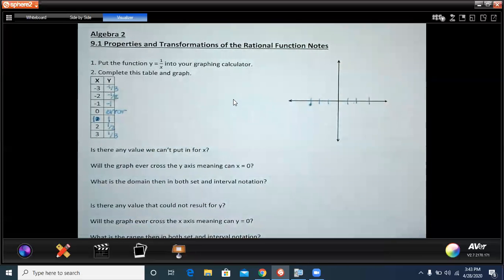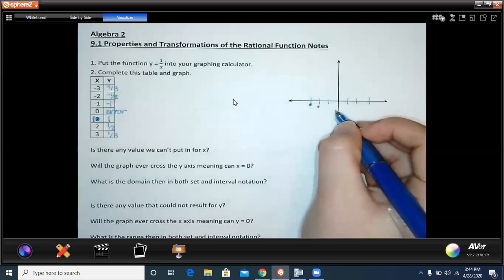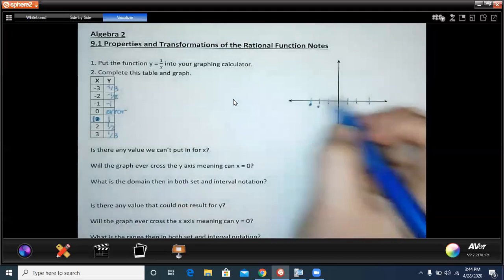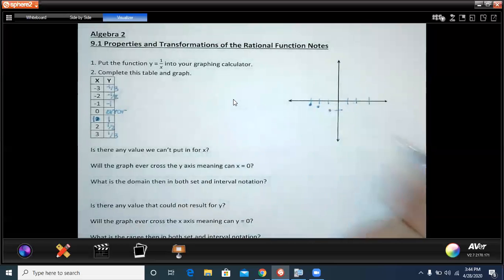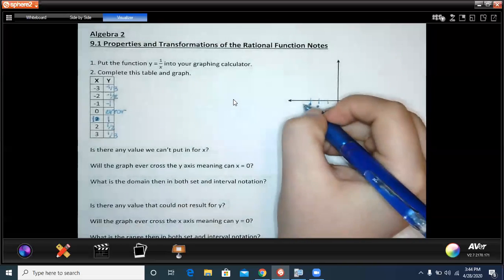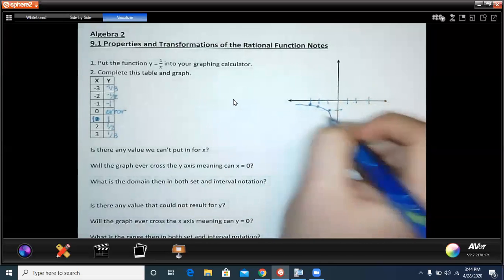So right about here. And then at -2, I go down 1/2, which would be just a little bit more than that previous. And then at -1, I go down to -1. So if I connect those points, it looks something like this.